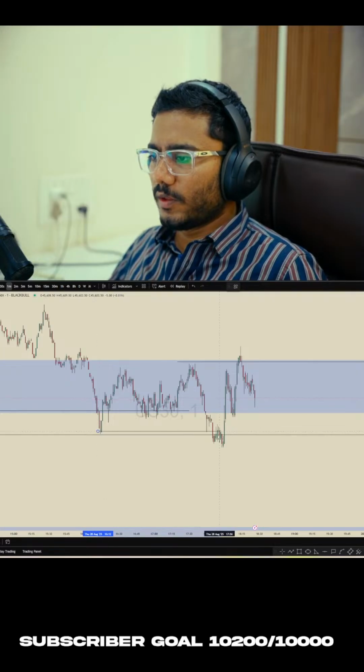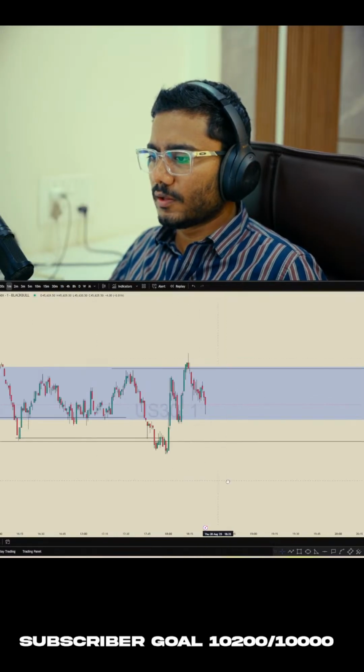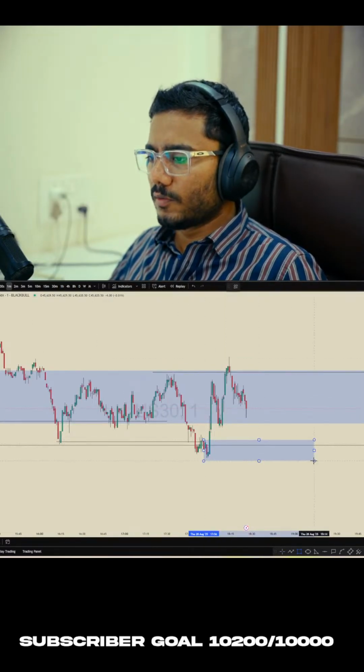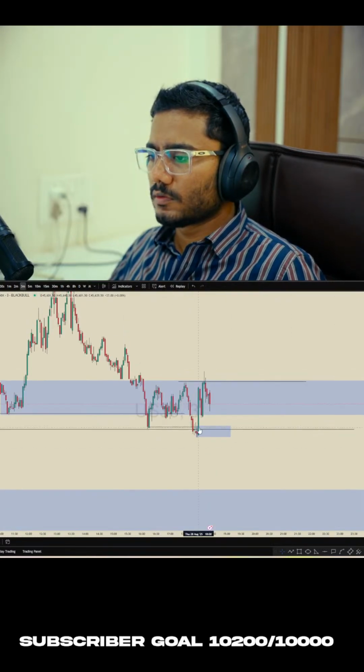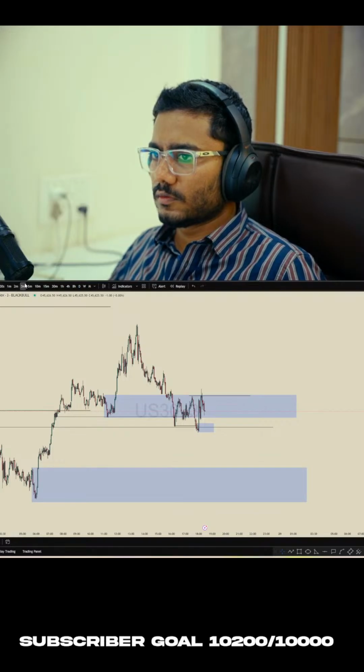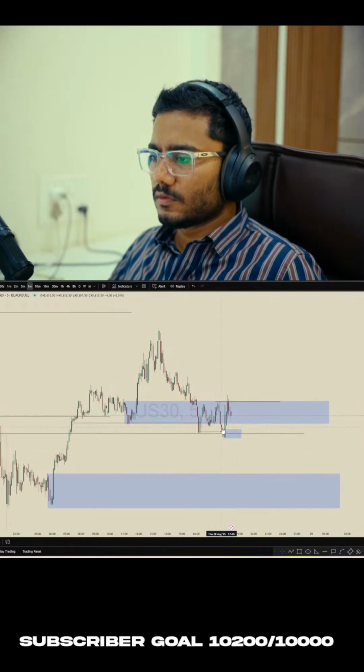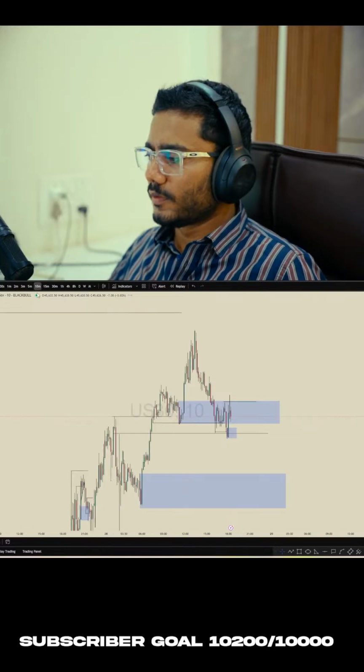So this is the sweep of liquidity. We have the structure break. Price is creating an order block here. So it's showing signs of going to the upside.